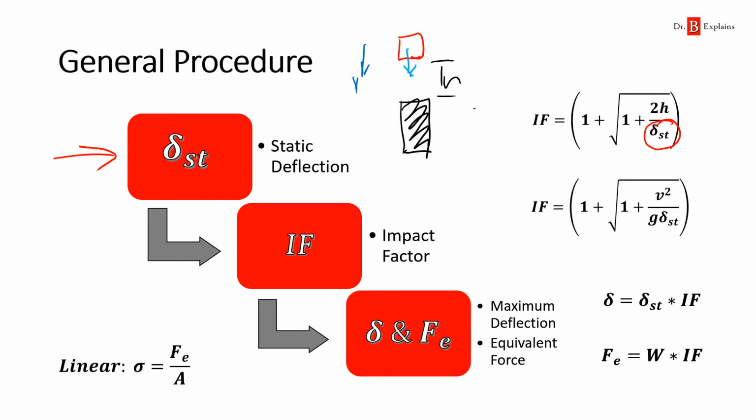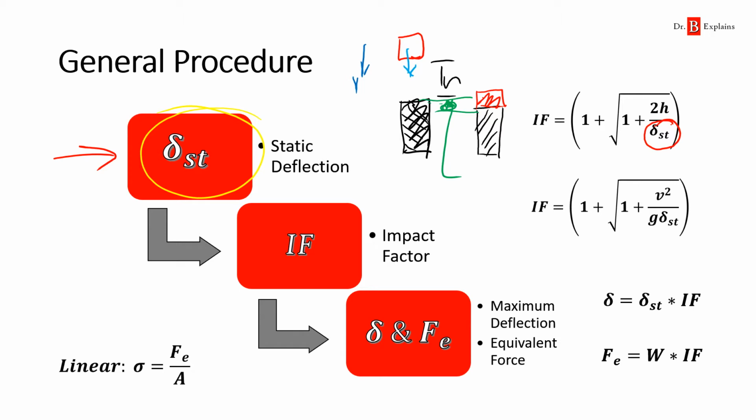Static deflection is, forget that the mass is striking the object, and instead we just set it on top and calculate how much the object being struck is going to deflect if we just put this mass over here and let it rest and achieve static equilibrium. So that's the very first thing we want to calculate, the static deflection. The important thing, why we want it, is because we're going to need it for the impact factor.